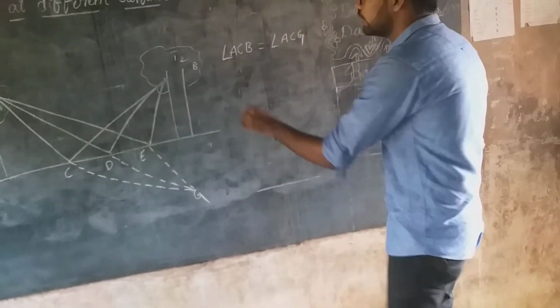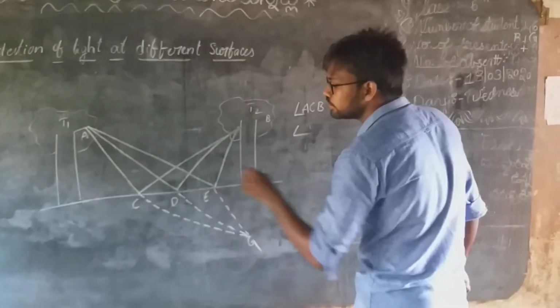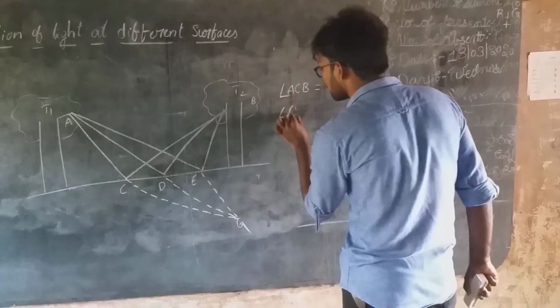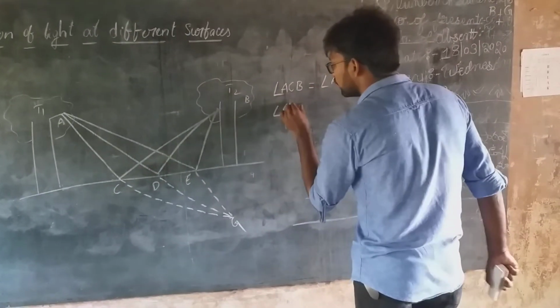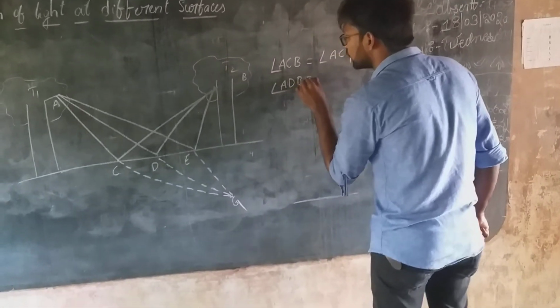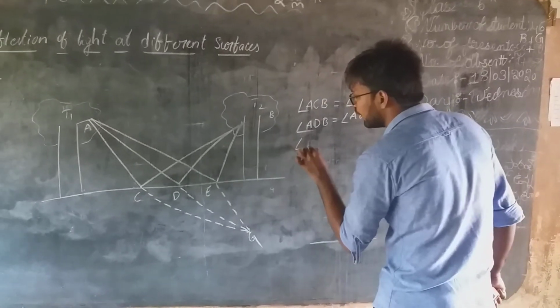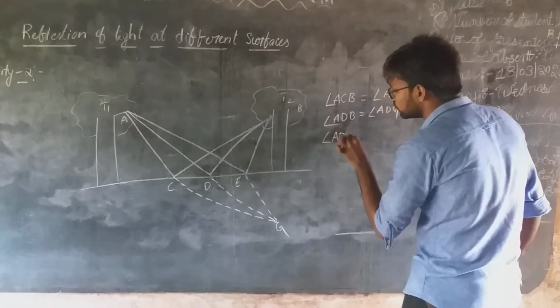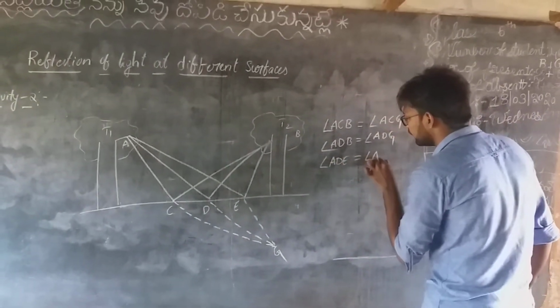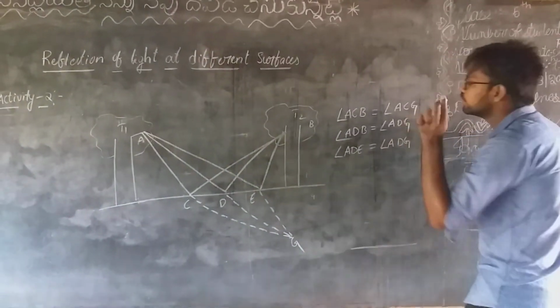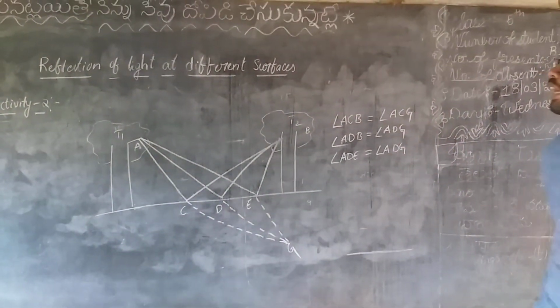So angle ADB is equal to the angle ADG. Next, angle ADE is equal to the angle ADG. Okay, this is the angle of incidence.